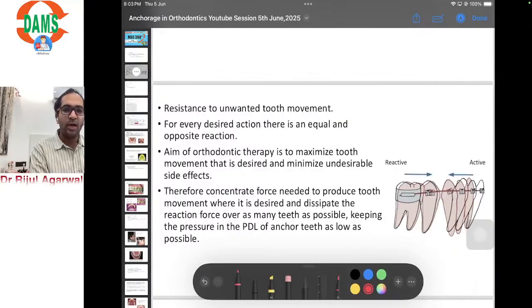At the same time, we know from Newton's laws of motion that for every desired action, there is an equal and opposite reaction. So for every desired force which we induce, there will be an undesirable movement which will occur on some other side, some other tooth.